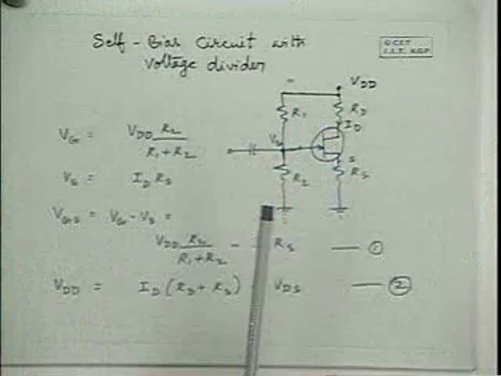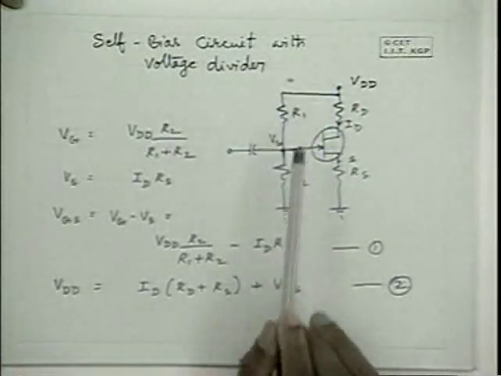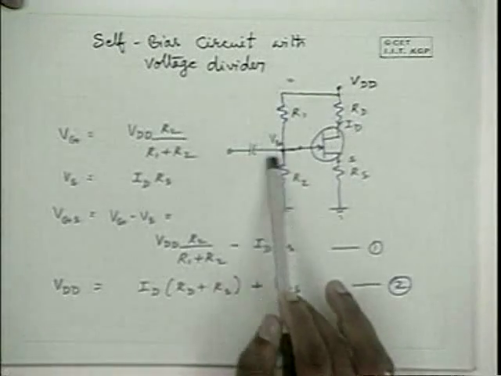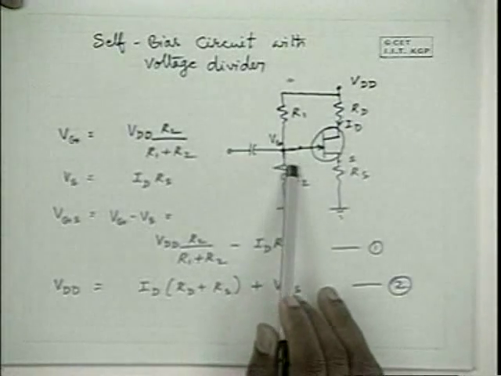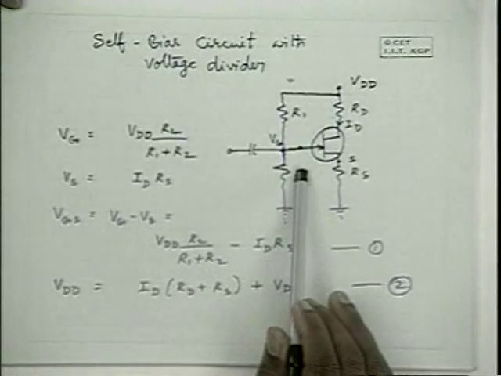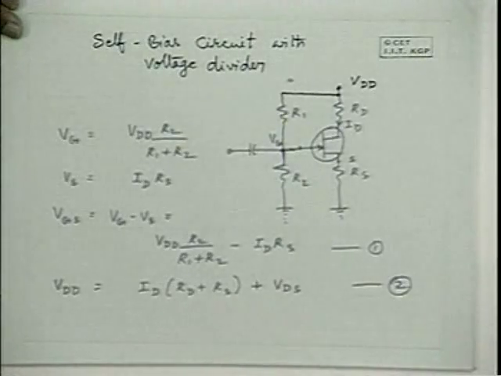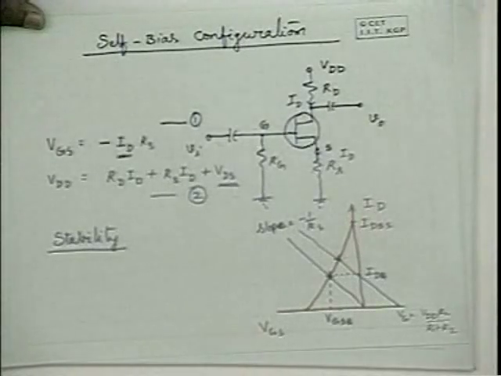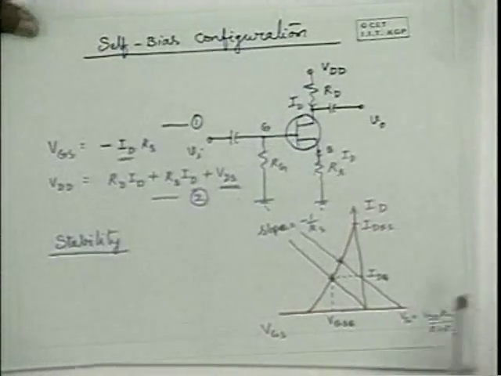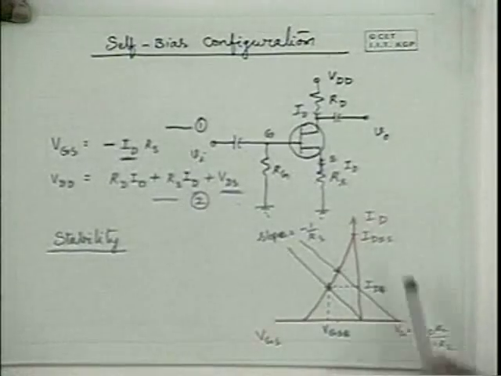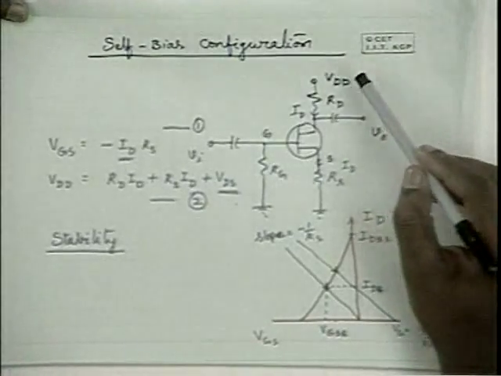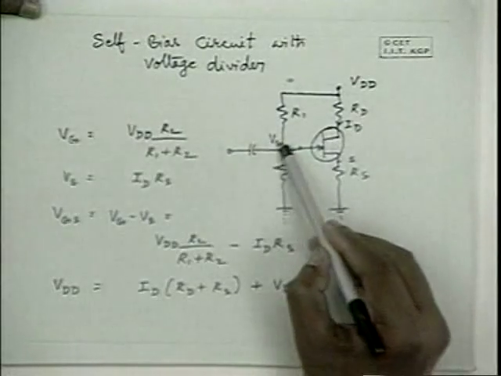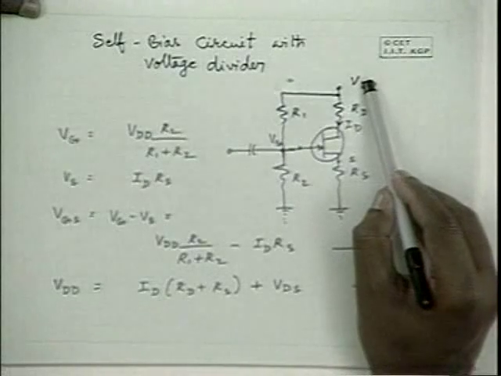So here, please note that although you have two values R1 and R2, Vg is the only variable. So this potential, how do you provide that potential? If this is 2 volts and this is 12 volts, say you need Vg of 2 volts and VDD is 12 volts.